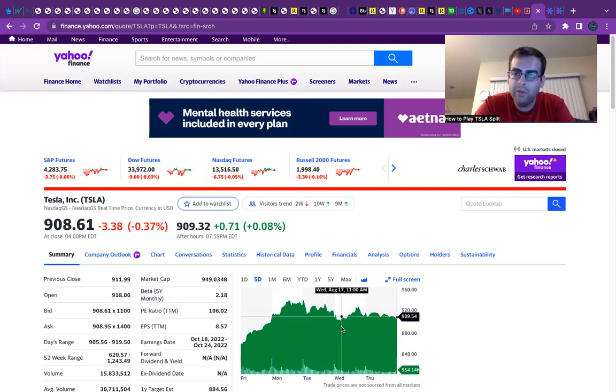So my threshold to get in, if I'm going to get in, I probably will do something tomorrow. I don't really want to wait till next week, because I do think the stock is going to move up in advance of the split. And again, remember the options split 3-for-1, just like the stock.